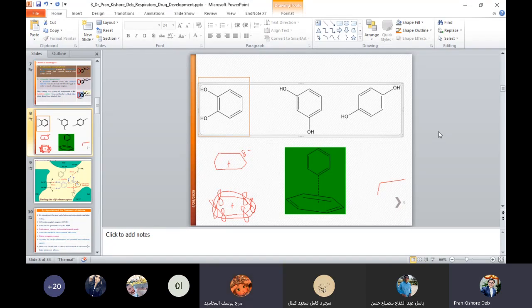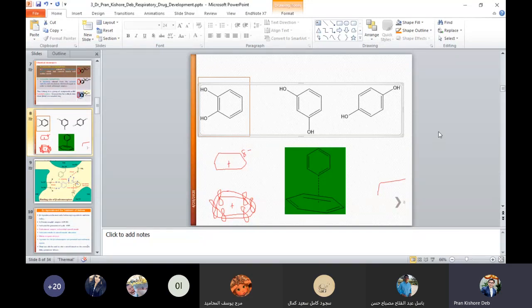The same enzyme cannot act on the OH group of the second and third benzene rings. Why? Because it needs to attack just the catechol OH. When it's not in the catechol form, it won't attack it. Exactly, because the orientation of the drug changes. Is it clear, all of you?